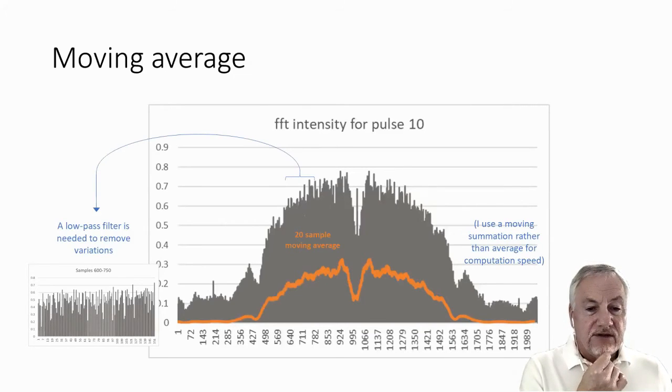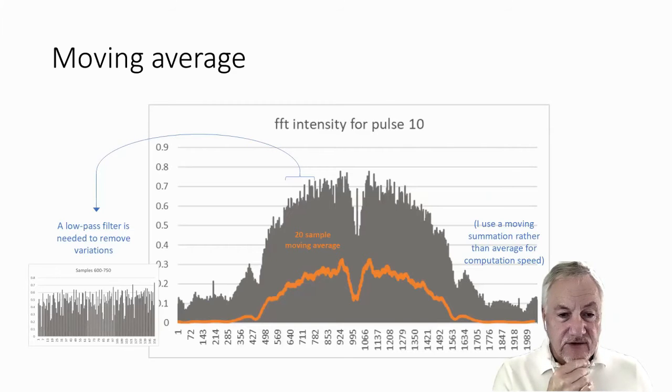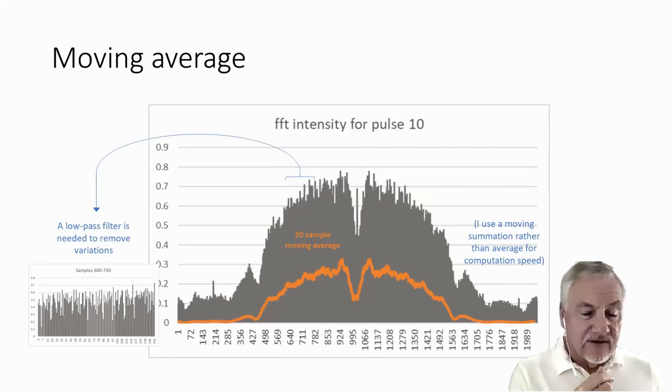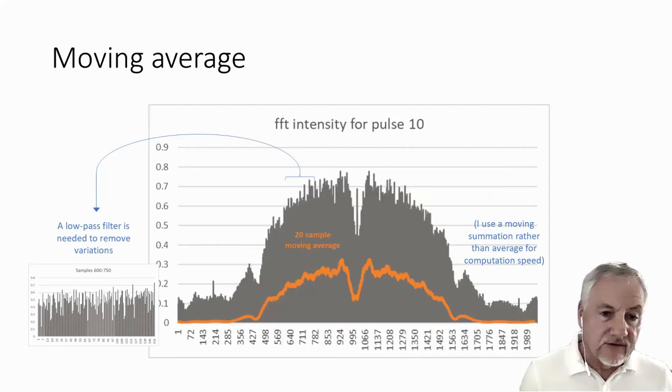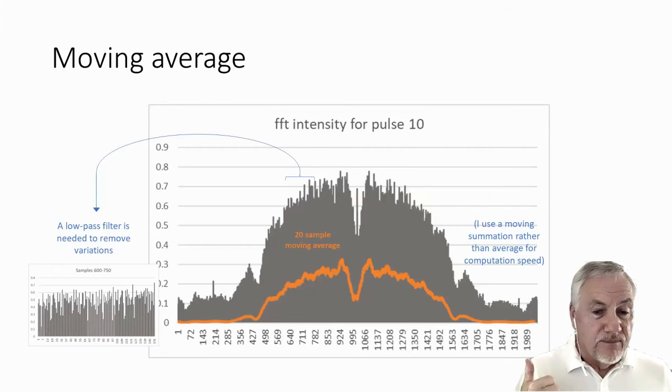Now, there is an interesting aspect of this that I haven't mentioned. The chart that I show you looks nice and solid, but in fact it's not. It's just the width of those lines drawn on the chart that makes it look solid. If you expand a small section of it, as I have in the arrow on the left, you can actually see that there are many, many samples that are close to zero.